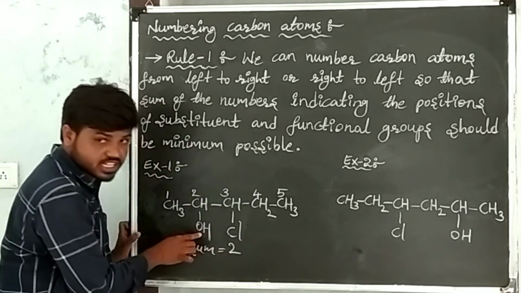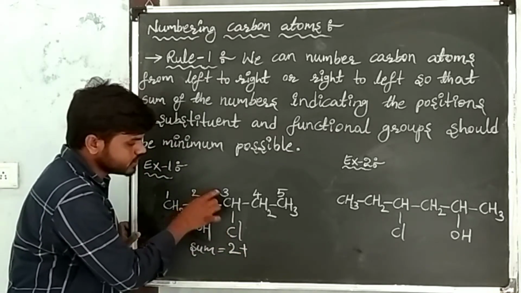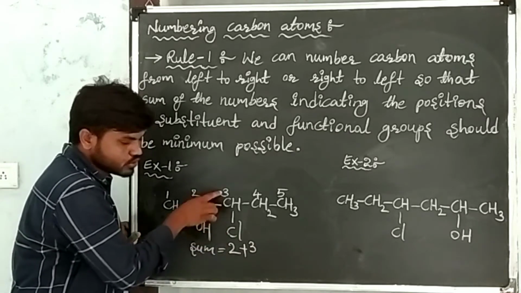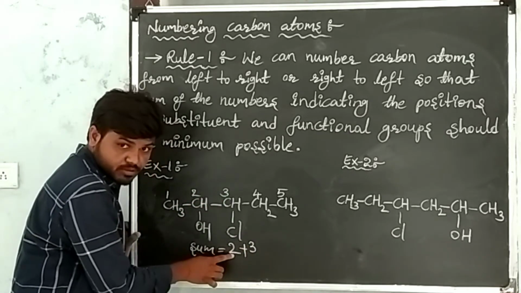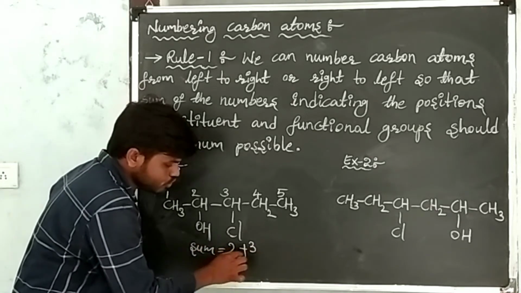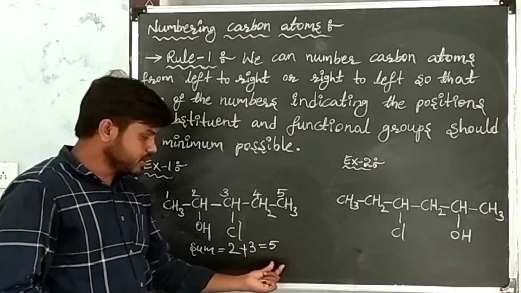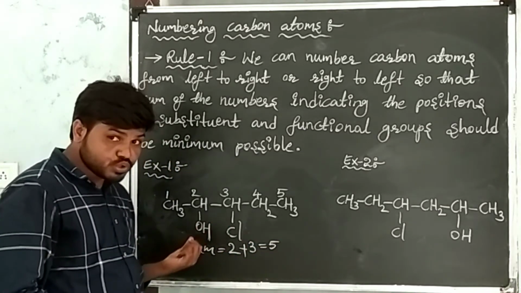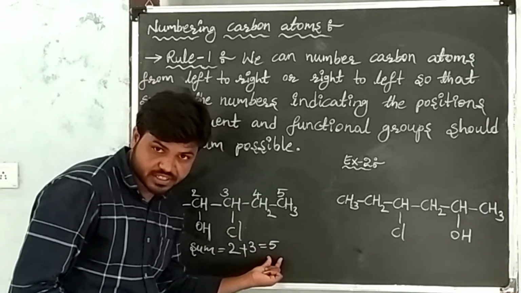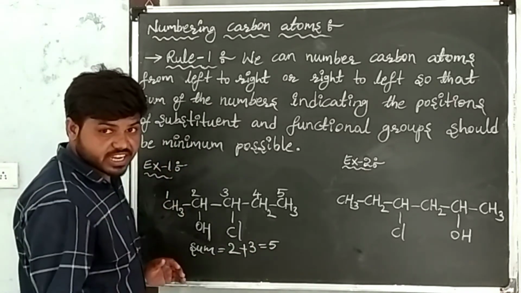The position of alcohol is second carbon, plus the position of chlorine, third carbon. 2 plus 3 is 5. The sum of the numbers indicating the positions of functional group and substituent that we got is 5.